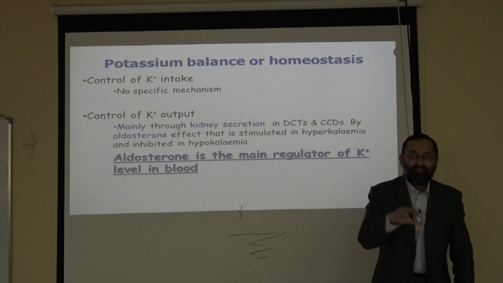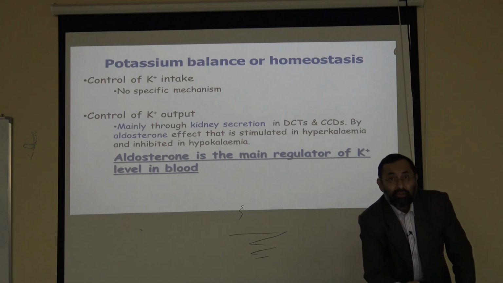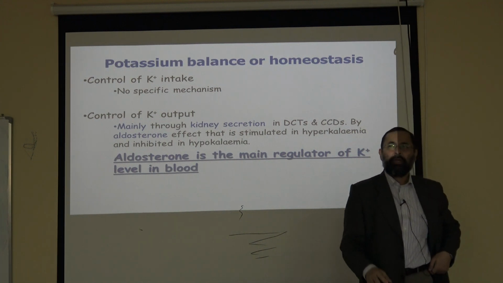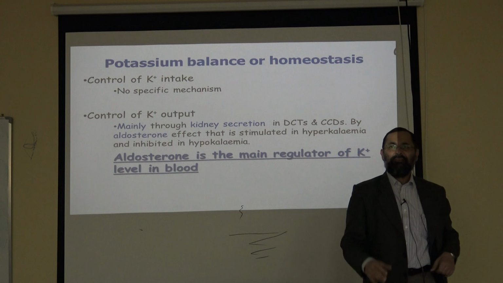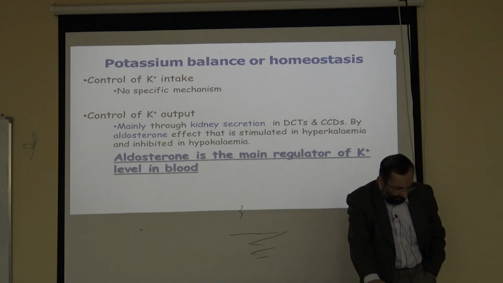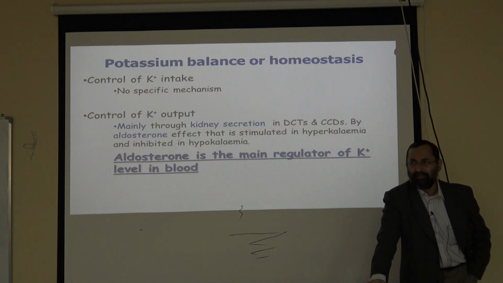Okay, so if I say just make a list of the regulators of the aldosterone secretion, and if I give you a list of different substances, for example, I am giving you, okay, you have sodium, you have hydrogen ions, you have chloride ions, you have potassium ions, and you have one more thing, which is angiotensin 2.